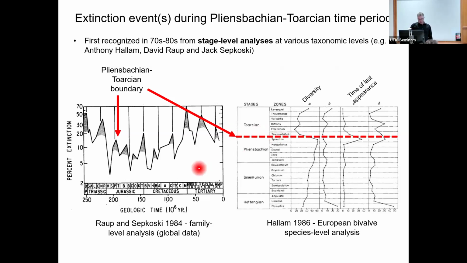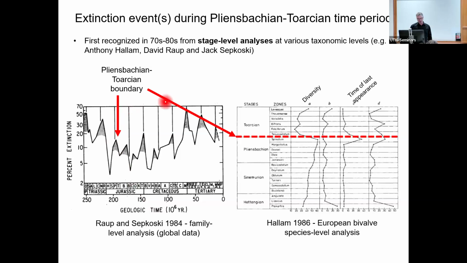In the early 1980s, there was a lot of work done by several eminent paleontologists to look at extinctions and recoveries in the geological record. Some of the most well-known work has been done by Dave Raup and Jack Sepkoski.